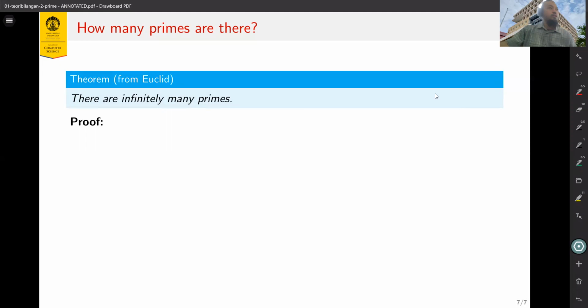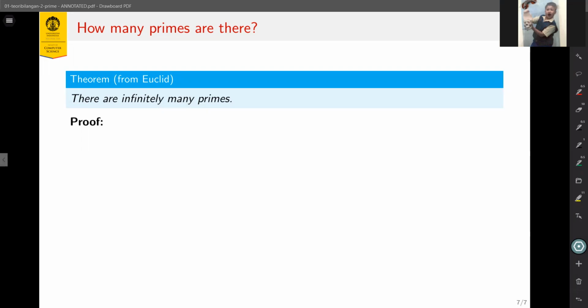Did anyone of you have a chance to look at the proof of the theorem? It should be on page, let me check, page 275.